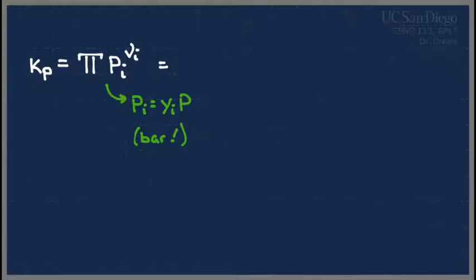So if we make that substitution, the result on the other side looks something like this. I'm going to do it for that classic A plus B goes to C plus D kind of thing.